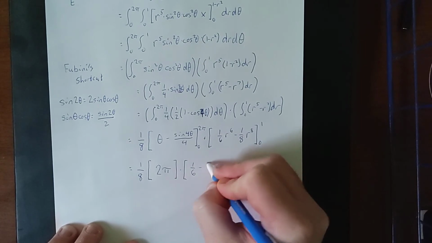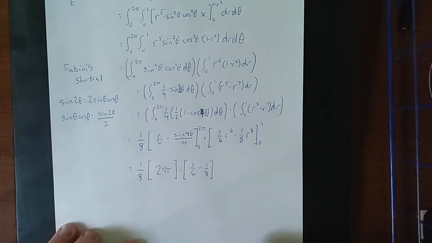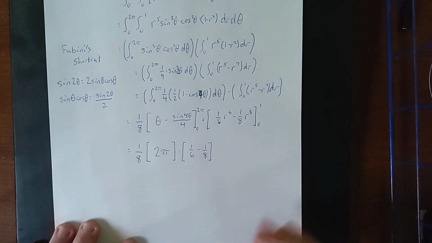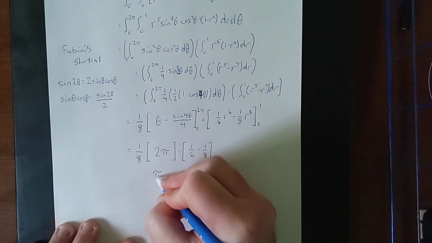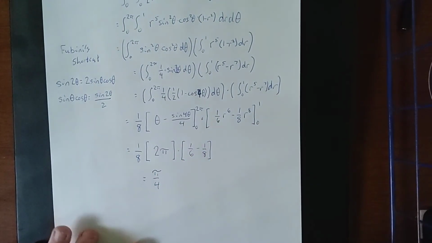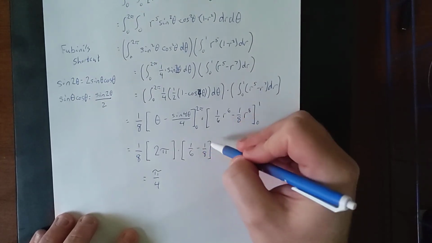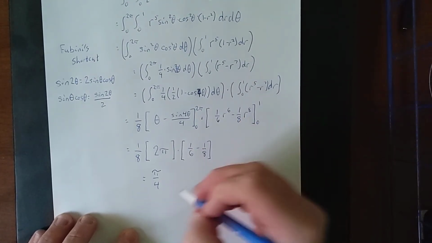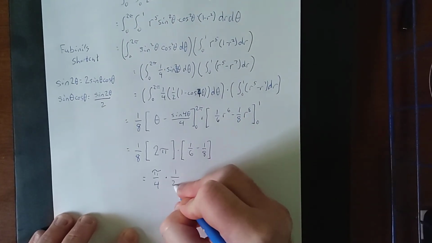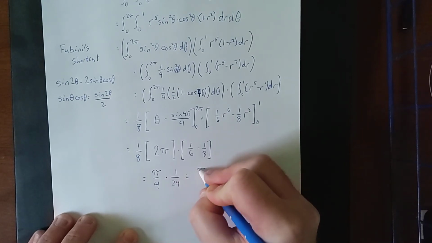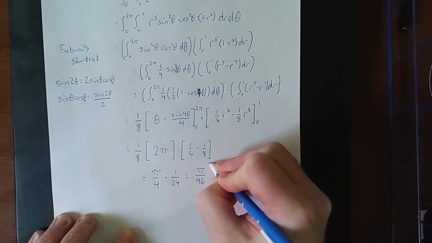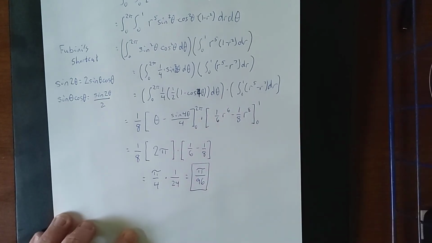Plug in 0, we get a lot of 0. Taking 1/8 of 2 pi is going to give us pi over 4. And 1/6 minus 1/8 will be 8 minus 6 all over 48. That's 2/48. That reduces down to 1/24. Final answer for this one is going to be a nice solid pi over 96.